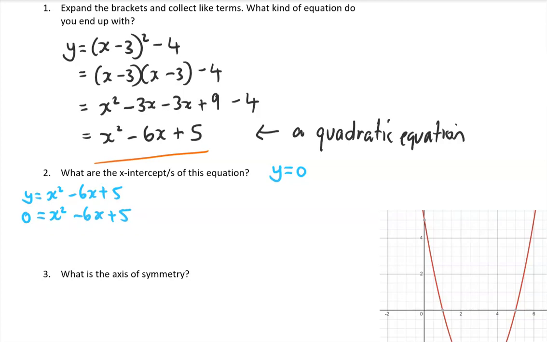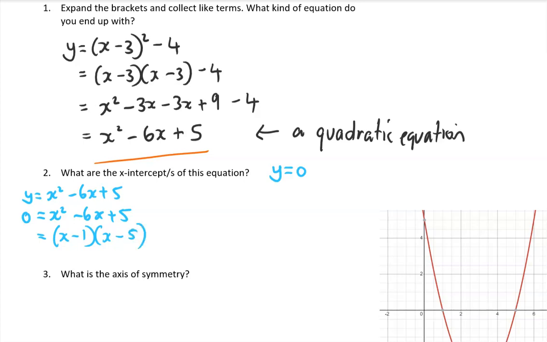Now in order to do this, if you recall, we have to factorise. We're looking for factors that multiply to give 5 and add to give negative 6. Those two factors are negative 1 and negative 5, sorry.